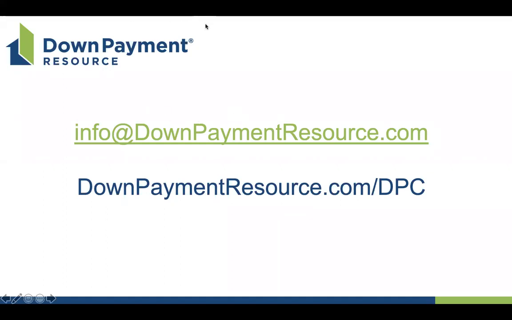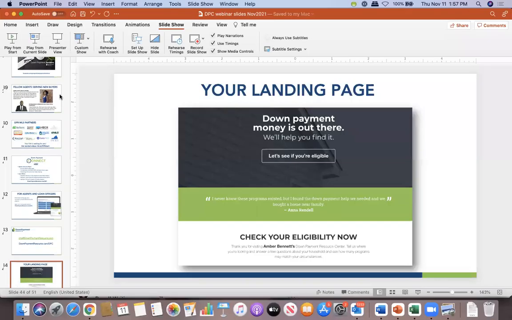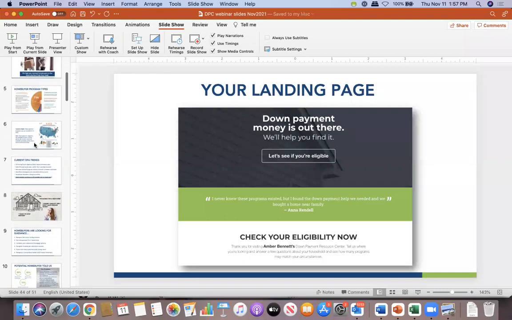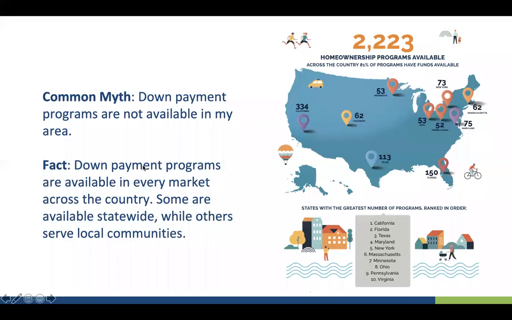I see a couple income questions, so I'll address income and purchase price. Yes, a lot of programs do have income or purchase price limits. However, I'm going to pull up another slide here. I do want to clarify, they are typically market adjusted.